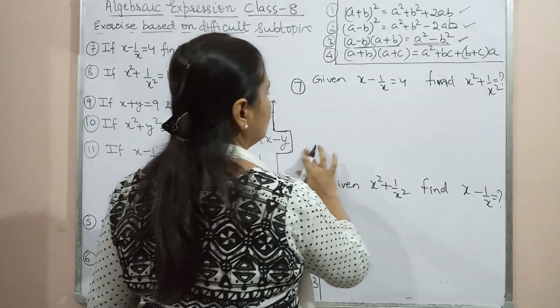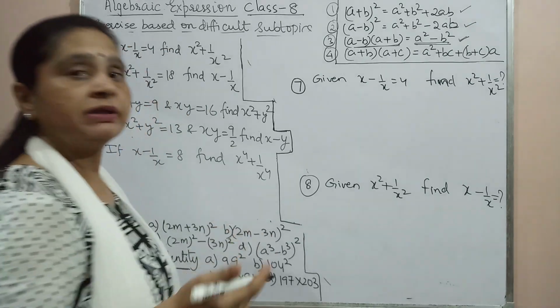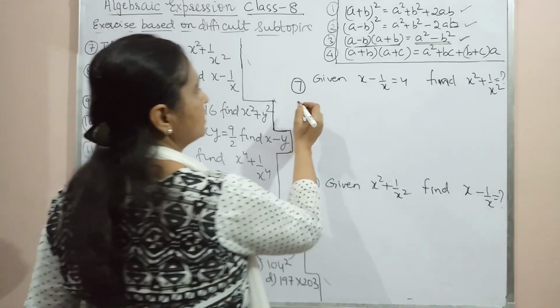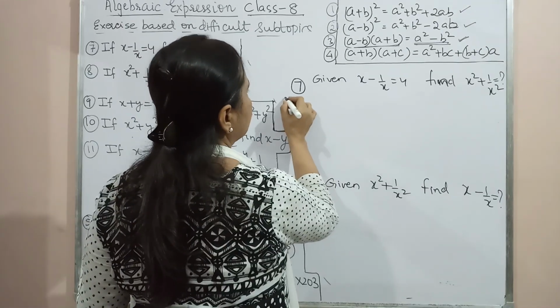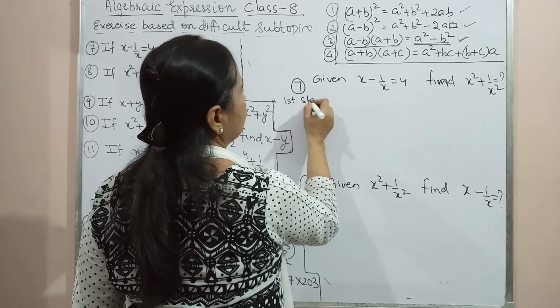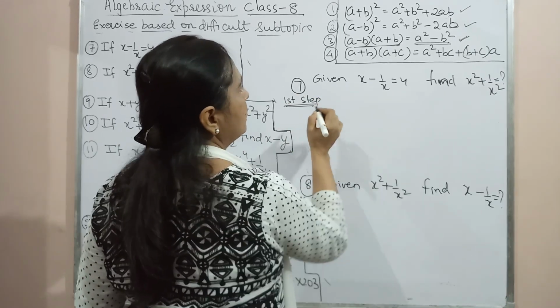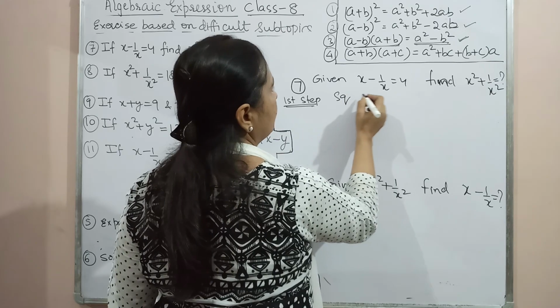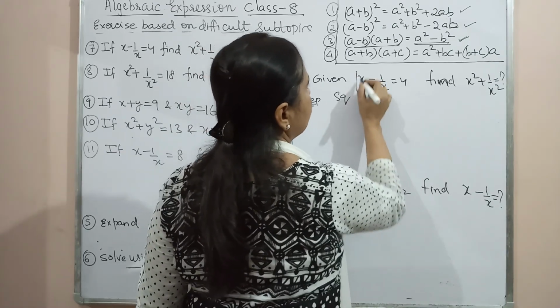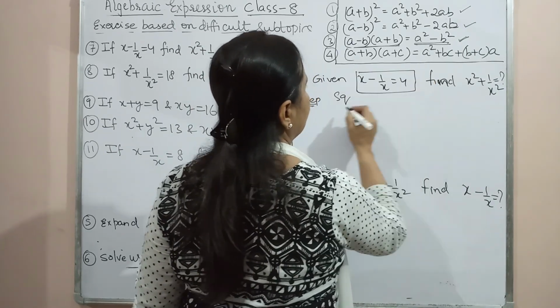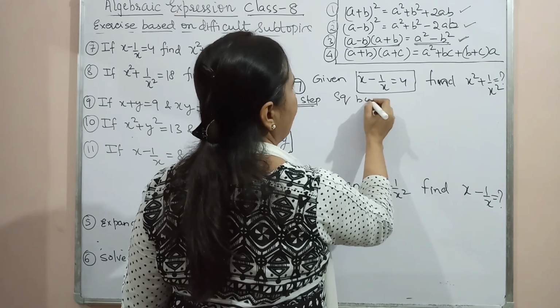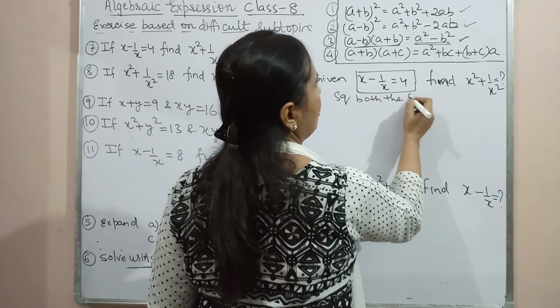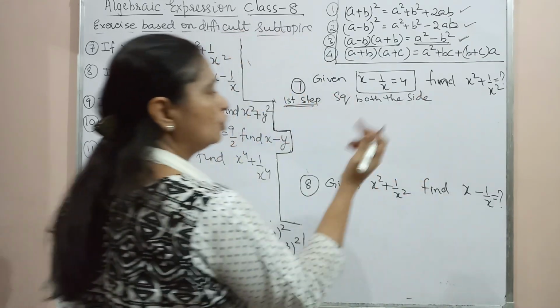अब हियर यू हैव टू remember our first step and the first step will be to square. Our first step which you have to remember is to square this given statement, both the sides, square both the side और देखना आपको अपना रास्ता खुद ही मिल जाएगा.